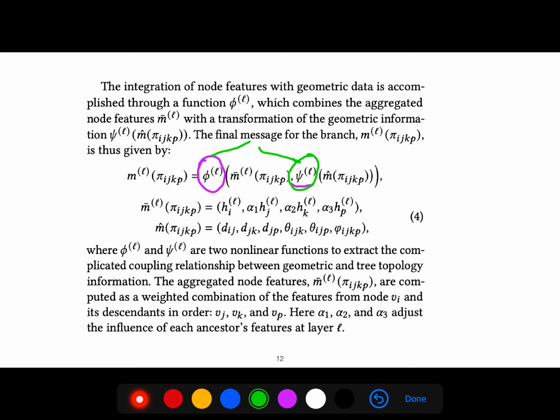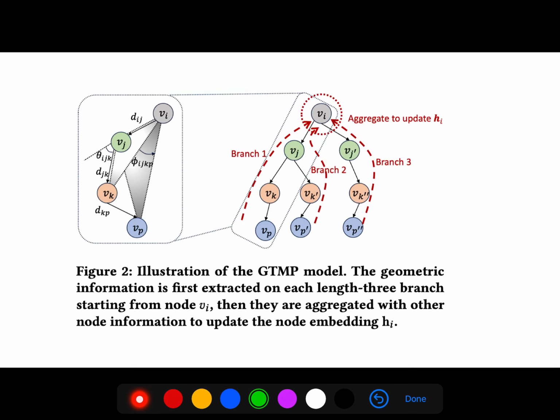topology information. The aggregated node features are computed as a weighted combination of the features from node v sub i and its descendants. So you see different branches.